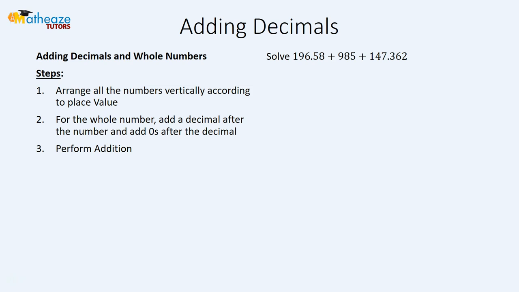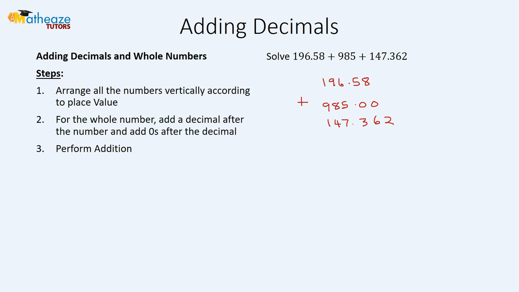Now we have this 196.58, and then we're going to add 985. We're just going to align it with the 196. So this is 985, and then we'll put zeros across. And then now we have 147.362.